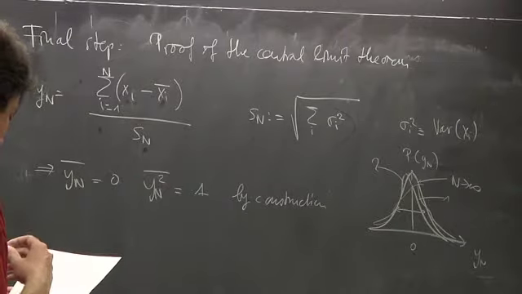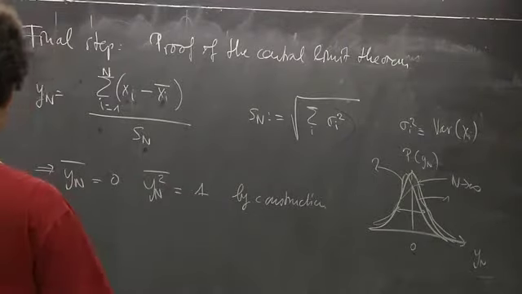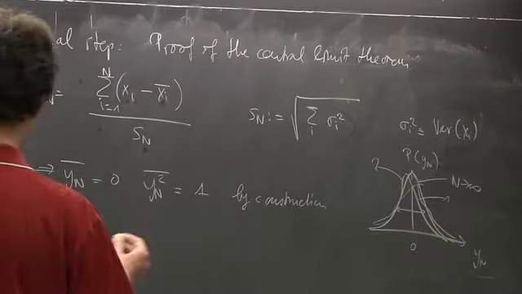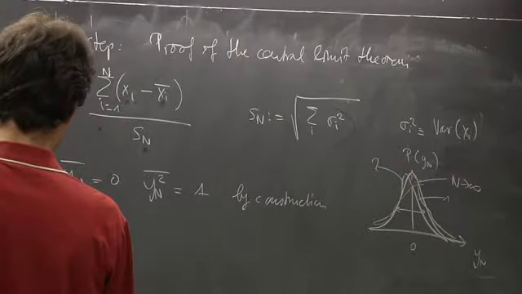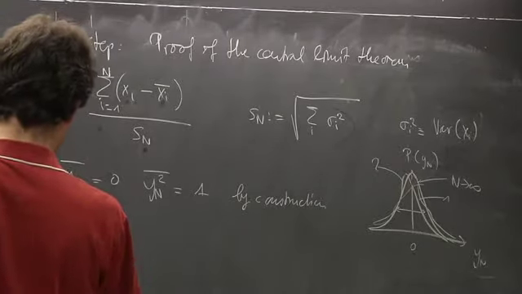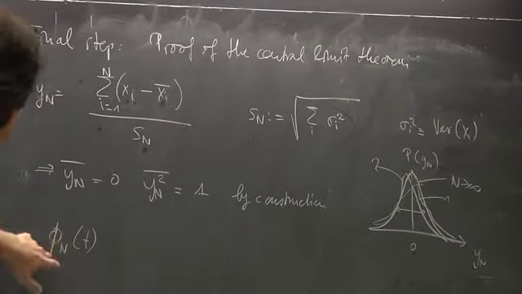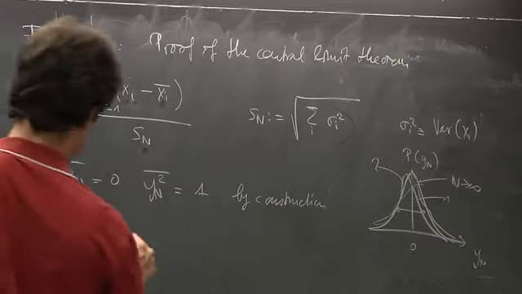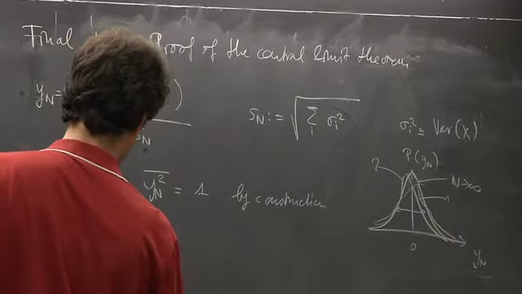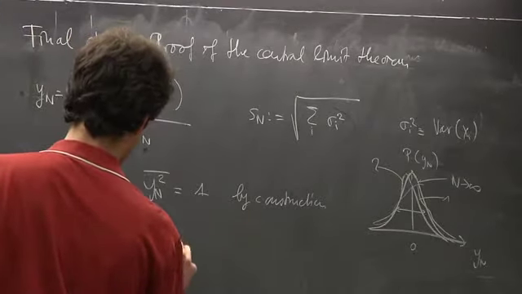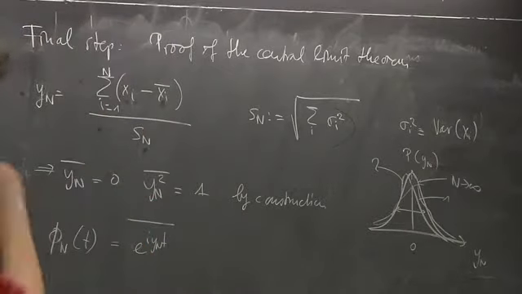Okay. So mathematically, what we actually need is that we will look at the generating function phi n of t. So that's the generating function of Yn. So this is e to the i Yn t averaged over the randomness.